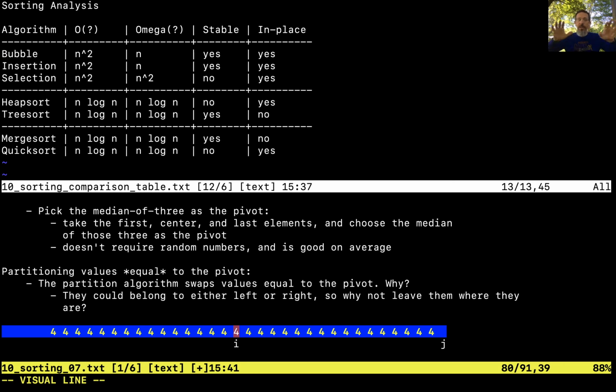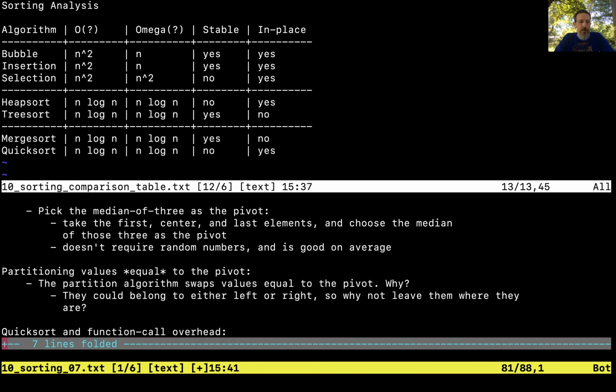So if there are a lot of duplicates in your starting array, at some point you're going to end up with a subarray that has a lot of duplicates in it. And if you don't stop at the pivot value, then at least for those subarrays, this algorithm will degrade to order n squared instead of n log n performance.